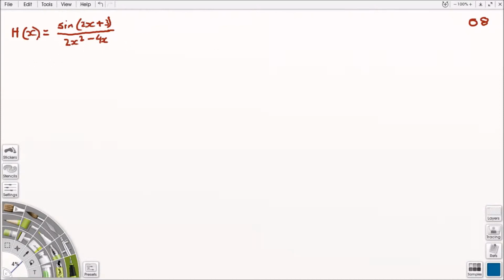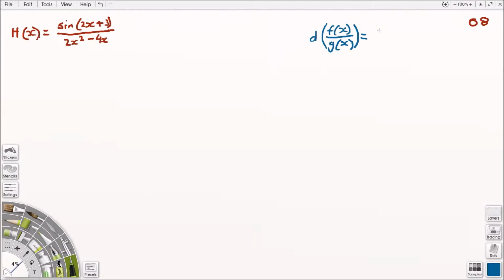In order to solve this, we're going to need what's called the quotient rule, which I'm going to write over here: d of f(x) over g(x). Now this is a bit I always get a bit stuck at. I think you derive u first.